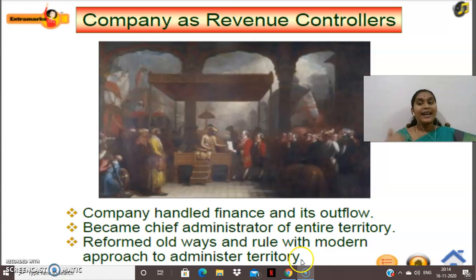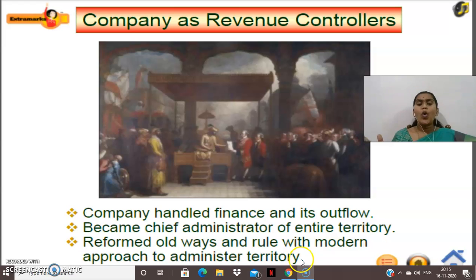The way they collect revenue is through taxes. When the company got the power, they started to handle the finance, that means the economic activities and the outflow of money. And they became the chief administrator of the entire territory of Bengal.